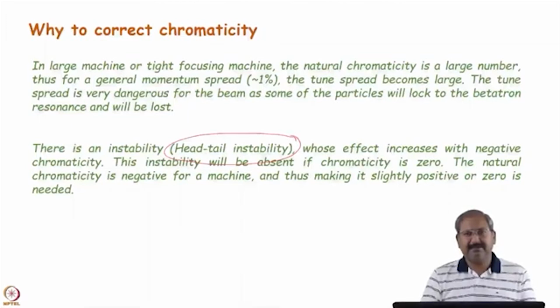One type of those instabilities is known as head-tail instability. In this type of instability, the head of the bunch drives some resonance kind of phenomenon for the tail, and in this fashion beam loss can occur. To avoid that kind of instability, chromaticity has to be made 0. So these are two reasons for which we have to correct the chromaticity.